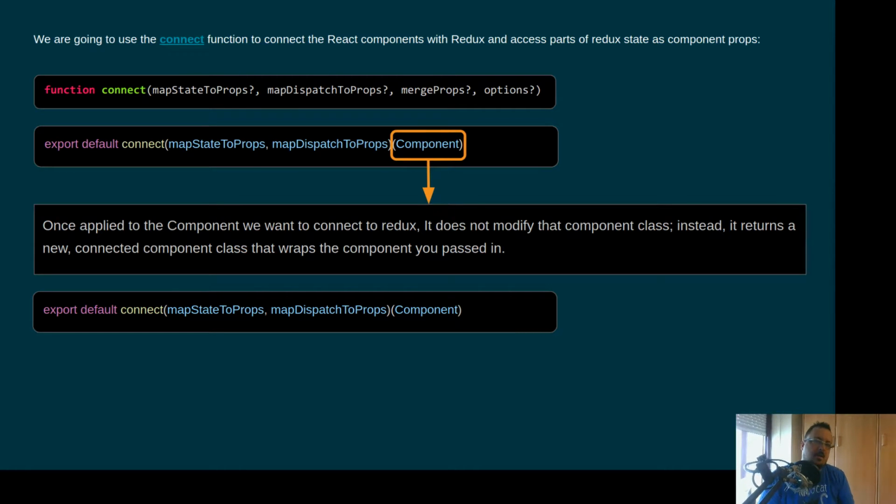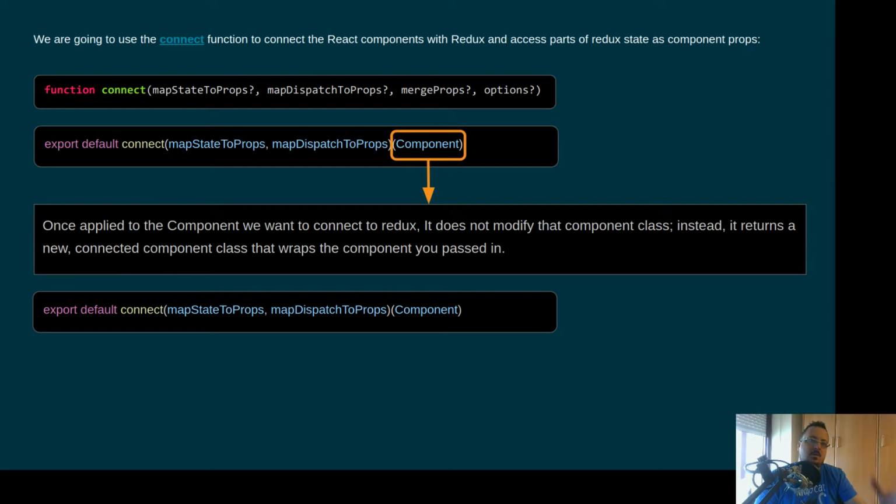Okay. So yeah, what does connect do? Connect connects React components with Redux, and lets us access those parts of the Redux state as component props.